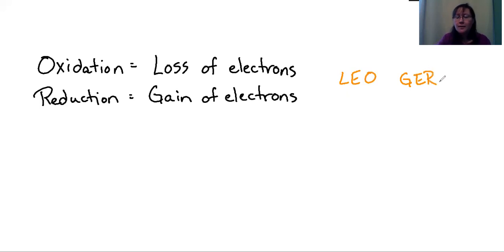Leo the lion says GER. Loss of electrons is oxidation, gain of electrons is reduction. That's just the mnemonic to remember what's going on here. Then let's take a look at an equation and balance it using the redox method.